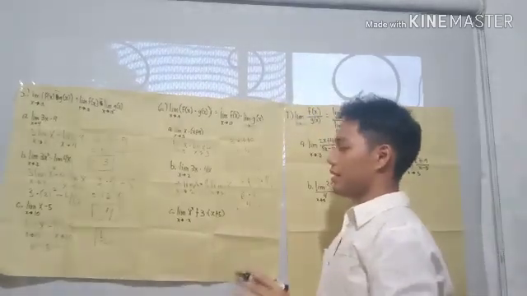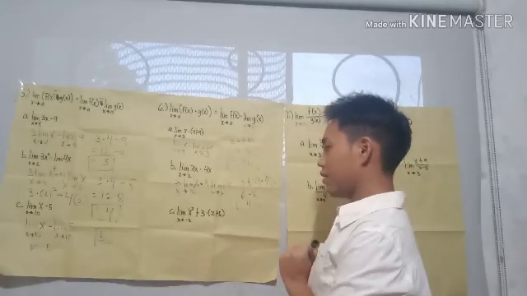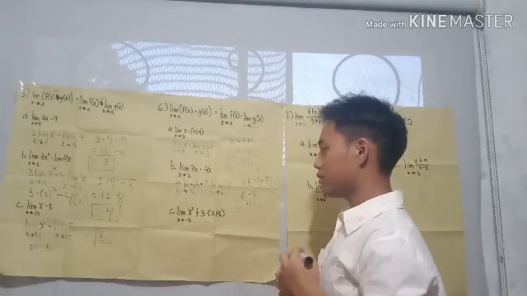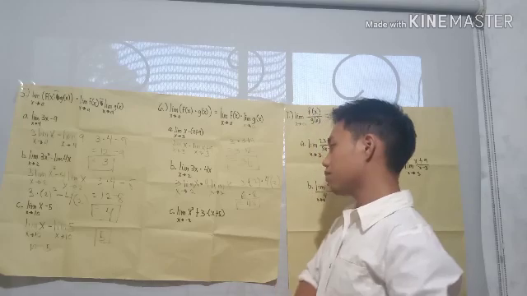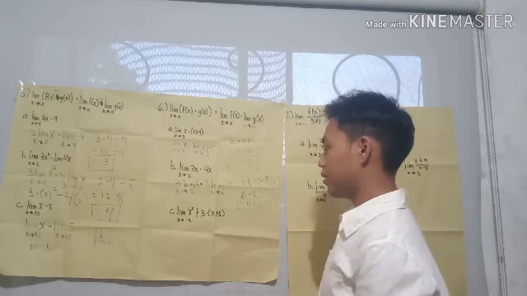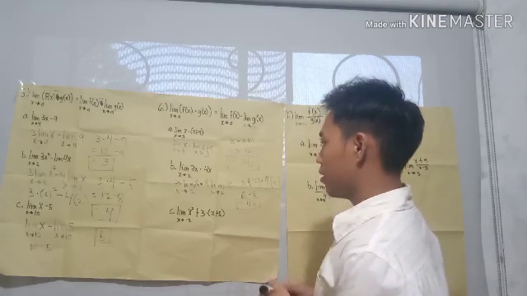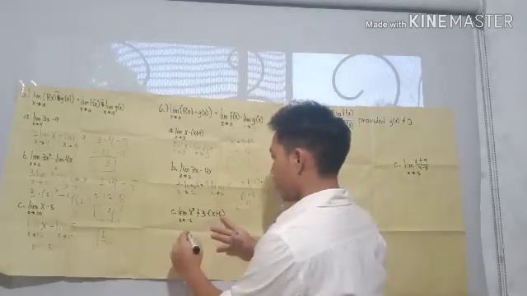Then the last example is the limit of x squared plus 3 multiplied by x plus 5. So again, we arrange.